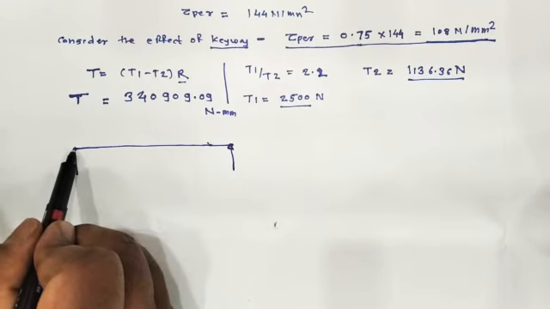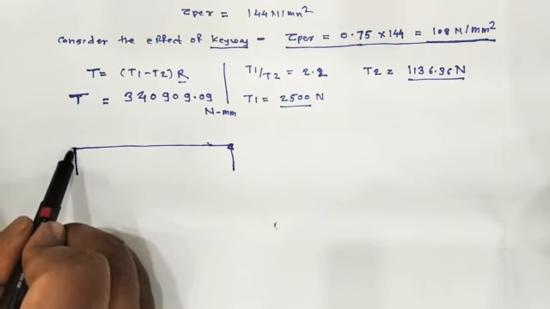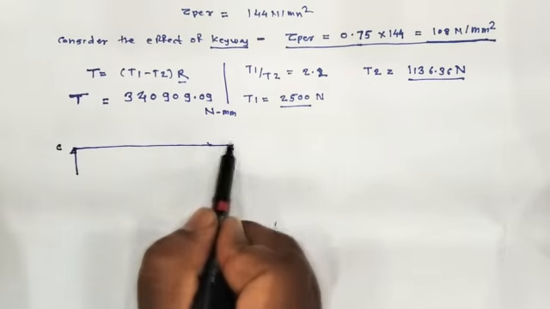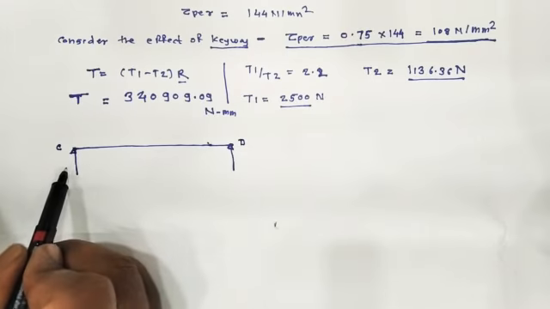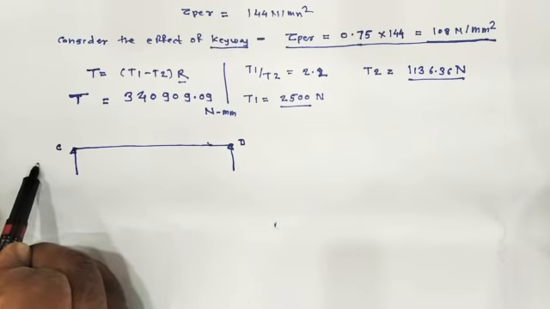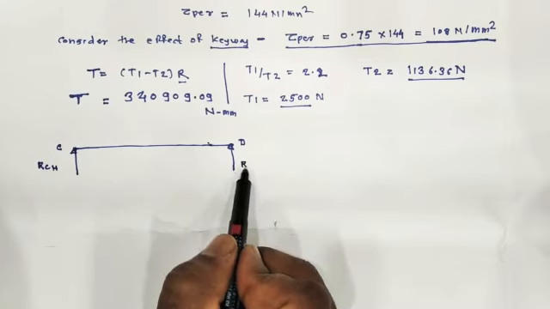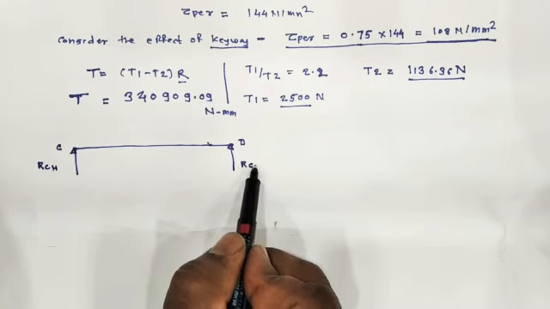I will start to draw the horizontal loading diagram. So this is the location C. This is the D. As the given diagram is the horizontal loading diagram, therefore we can say RCH. This one is the RDH.